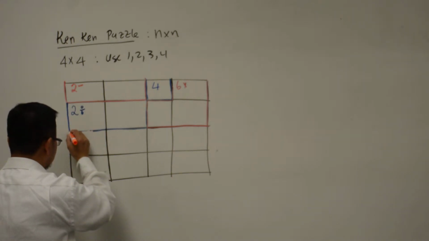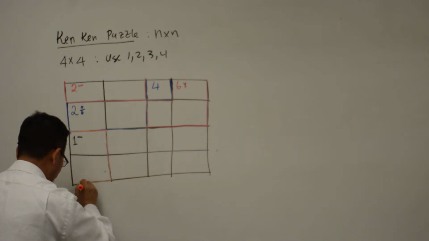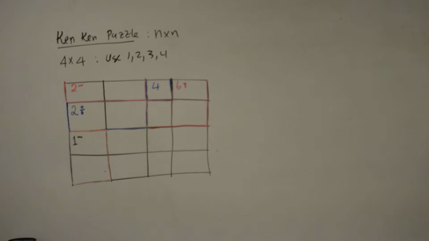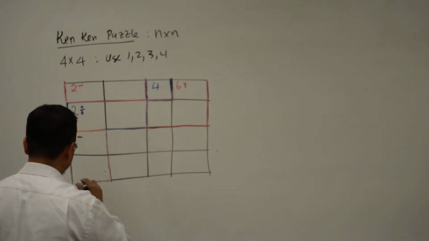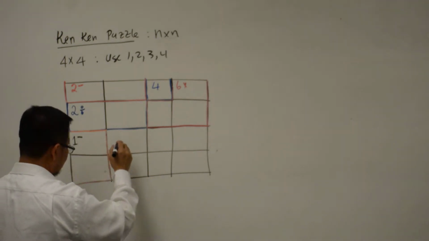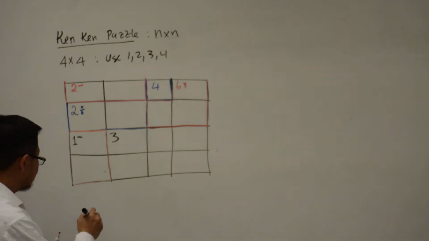That's a cage for 1. And then 3. So 3 is here, 3 which is minus.